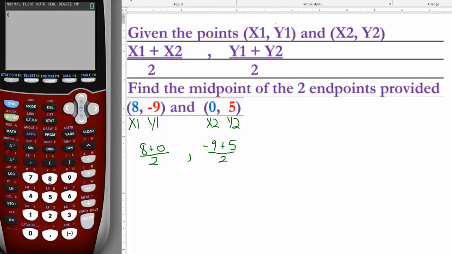So 8 plus 0 divided by 2 gives us 4. And then negative 9 plus 5 divided by 2 gives us negative 2.